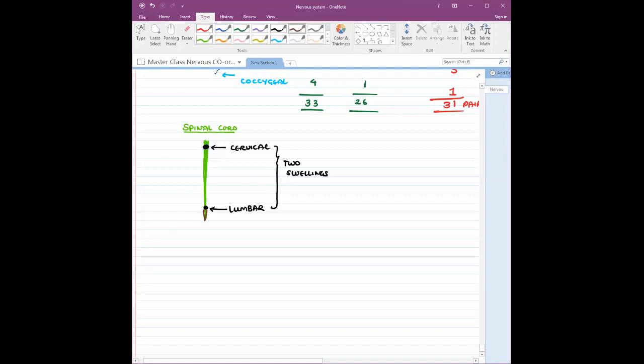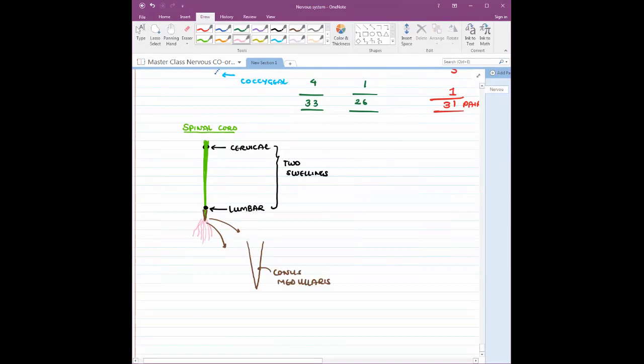This cone-like structure, guys, we call Conus Medullaris.